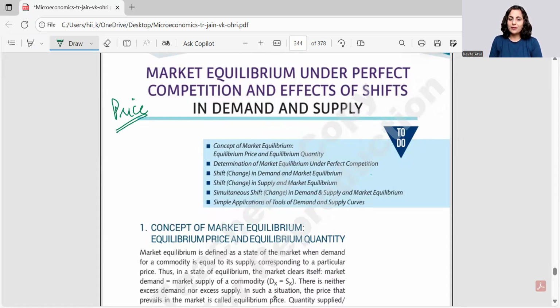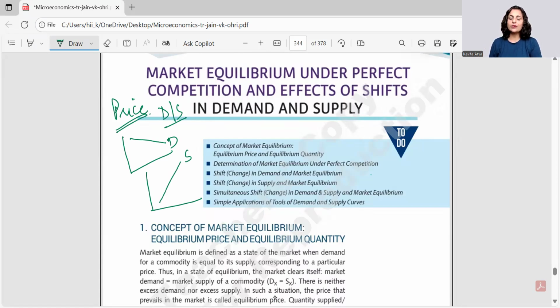Why is it so? Because price, in the following pages I'll be telling you, is determined by the forces of demand and supply, right? When we talked about consumer's equilibrium, we got demand as a result. When we studied the behavior of a producer, we got supply.